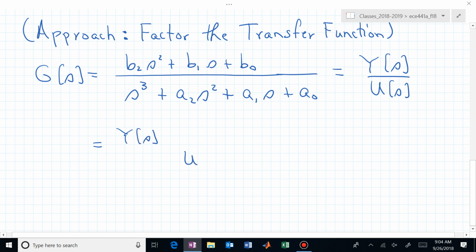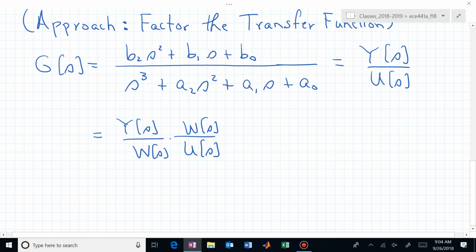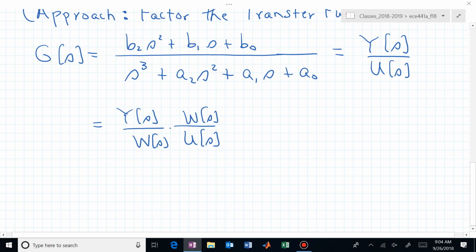We want to represent this as not just y over u, but let's now put in a new variable, which we'll call w. We haven't changed anything, we've just multiplied by w over w. But this now gives us a little bit of a different way to think about this connection of all of these coefficients, a's and b's, in our all-integrator block diagram.